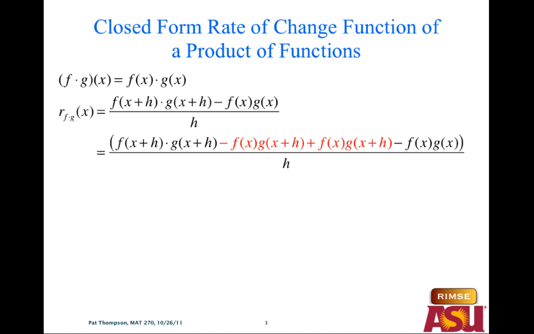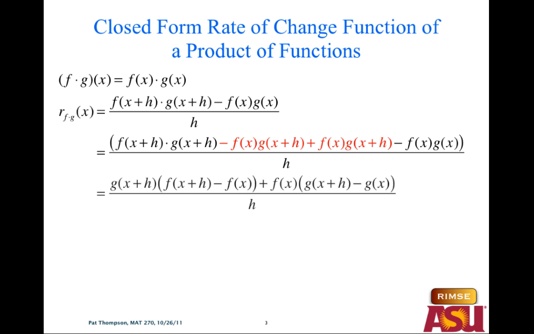You see that? So I'm adding and subtracting the same value, which doesn't change the value of the quotient. Okay, and you say, why do you do that? Well, because it works. Watch what happens. So now I can gather together the first two terms, and I'm going to gather together the second two terms.